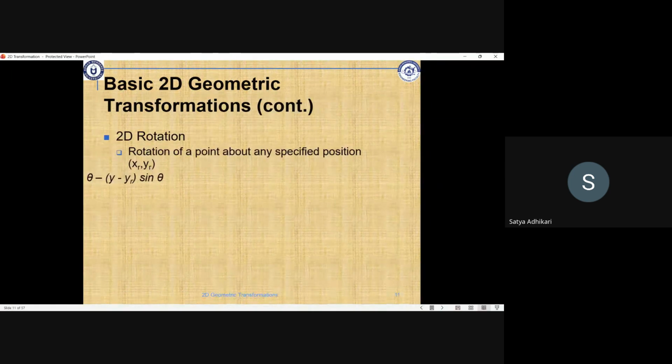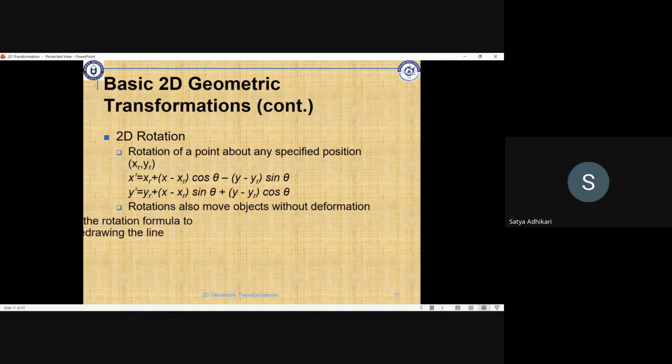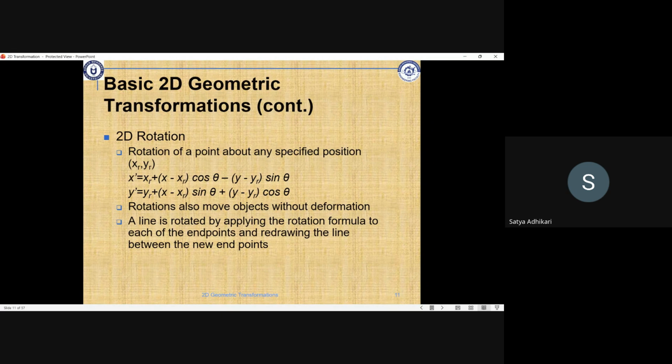And similarly, if we rotate with a pivot point other than the origin, the previous equation was the rotation about the origin. So if you want to rotate an object about any point other than the origin, this equation is used.